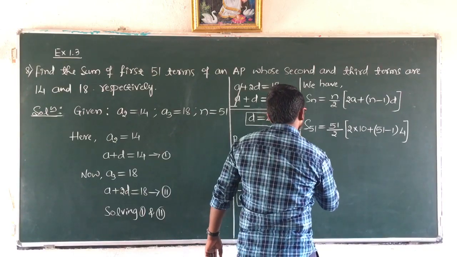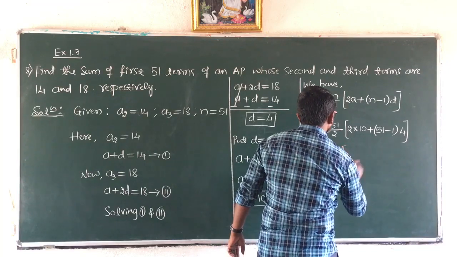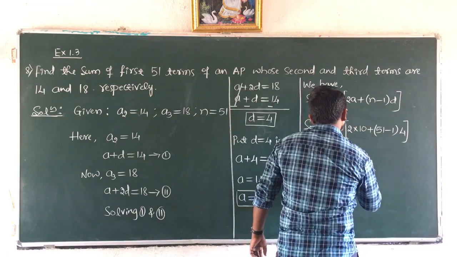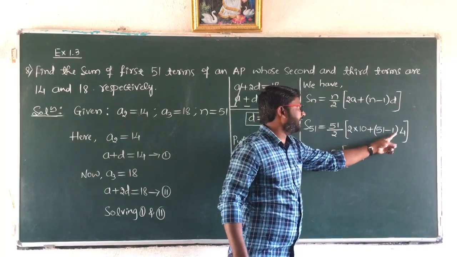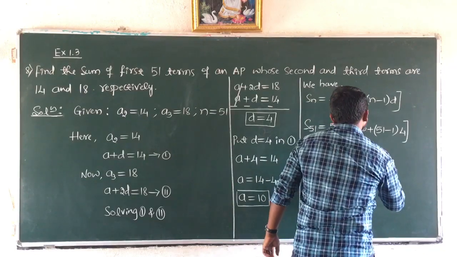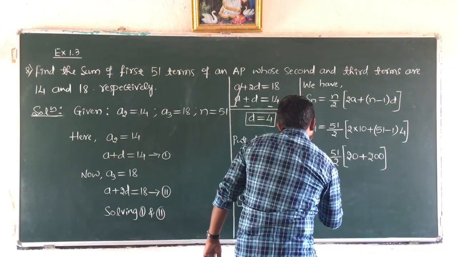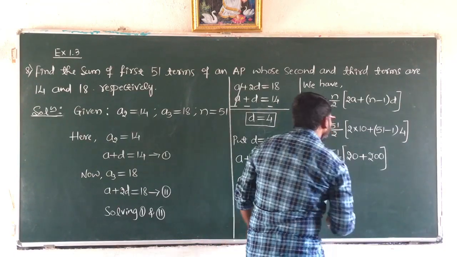So S51 which is equal to 51 divided by 2 inside the bracket. So now 2 into 10 will give us 20 plus 51 minus 1 it is 50. 50 into 4 it is 200. Now add these two. S51 which is equal to 51 divided by 2 into how much we get?